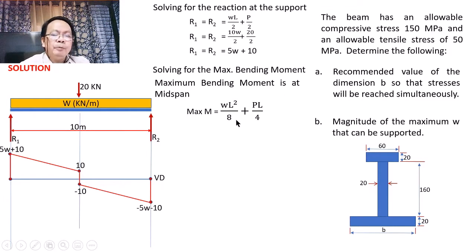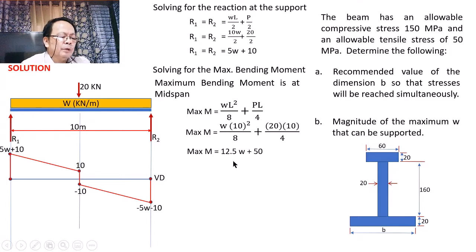Or, if you may want, you can get the maximum bending moment by simply computing this area, representing the area of the shear between the left support and the midspan. And when you compute for this, you will be arriving at the magnitude of 12.5W plus 50.